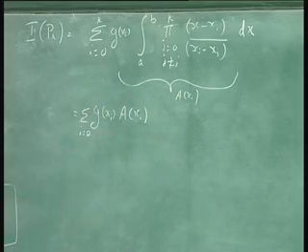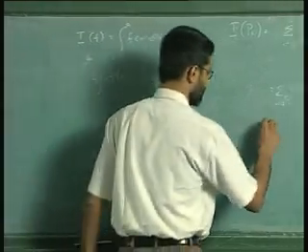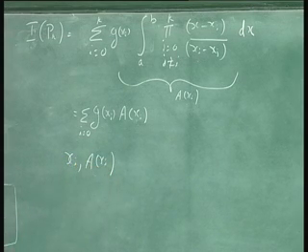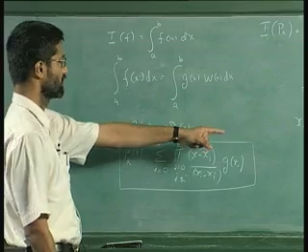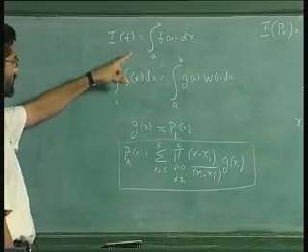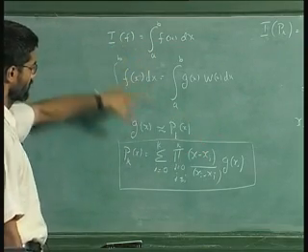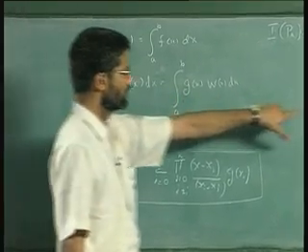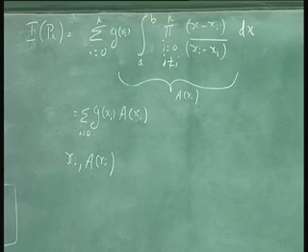So, once we have that, if we have this pair, that is xi, a of xi pair, then the integral of this function just simply reduces to g of xi a of xi.